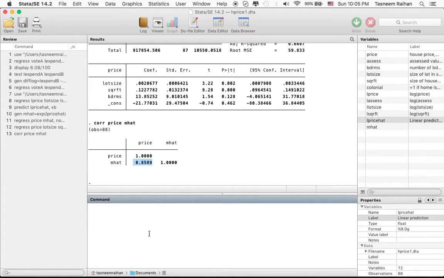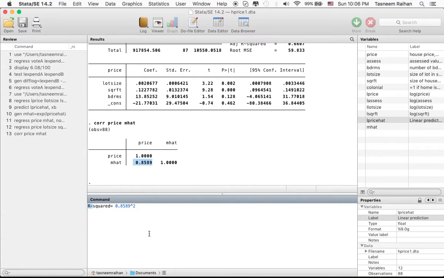But as I said before, r squared is just the square of the correlation between the dependent variable price and the predicted variable m hat. So it's just 0.8589 squared. So this is not going to work, of course.